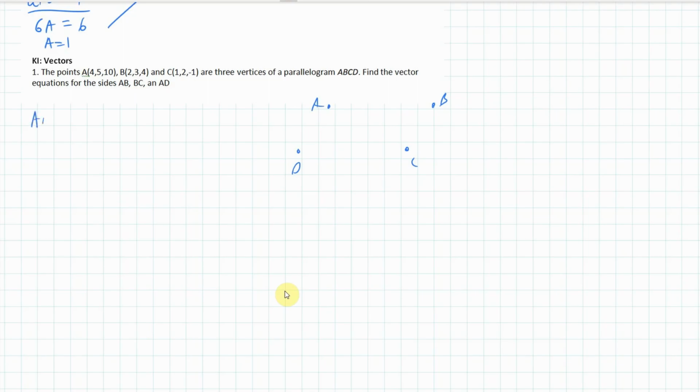AB. So let's find AB first. To get from A to B, you take away A from B. So it'll be 2 minus 4, 3 minus 5, 4 minus 10.